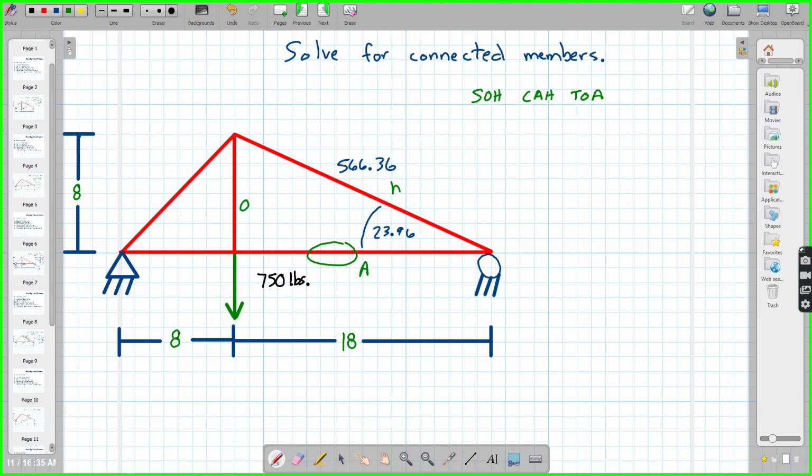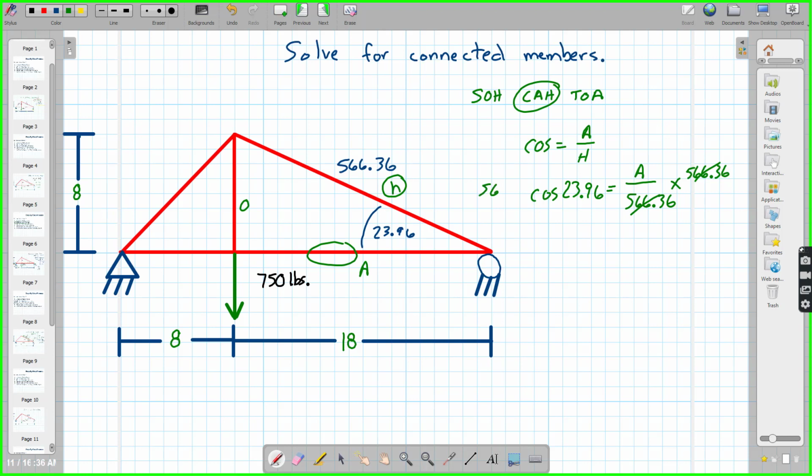We pretty well have established that when we're going in a vertical direction, we're going to use sine. When we're horizontal, we're probably going to use cosine. But let's look. So I'm trying to determine the adjacent. I have the hypotenuse. So cosine now of 23.96 equals adjacent, which we don't know, over hypotenuse, which we do know. So now we'll just take this and get that a by itself, right? So these will cancel out.